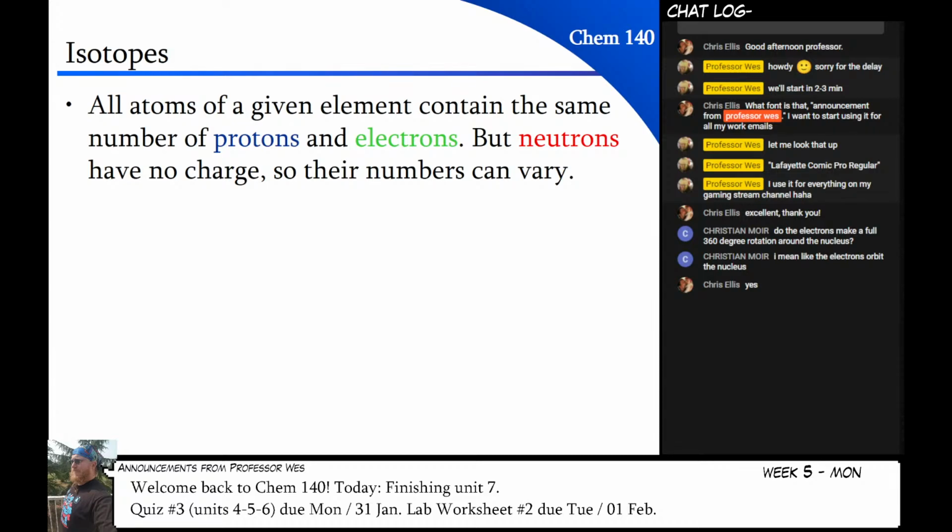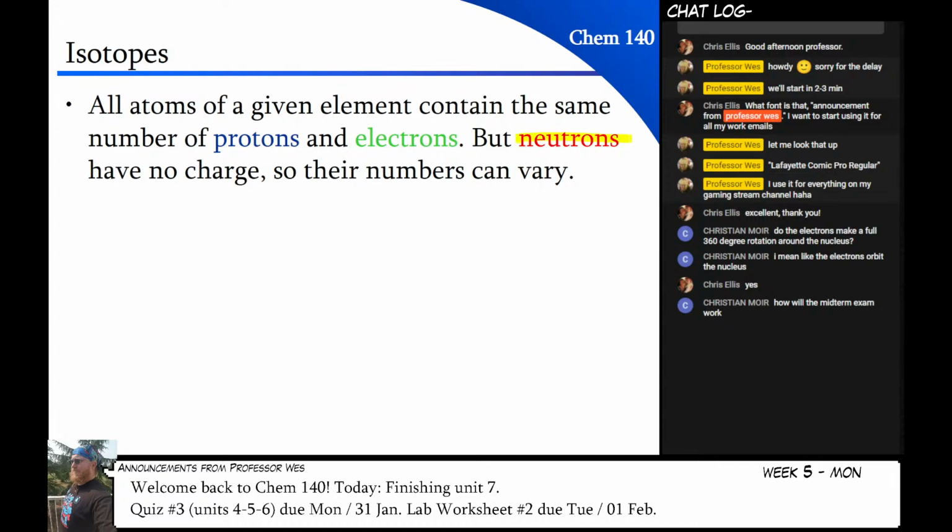All right. Instead of talking about electrons, what we are going to talk about today is neutrons. Now, if you have an atom that has the same number of protons and electrons in it, it will be electrically neutral.